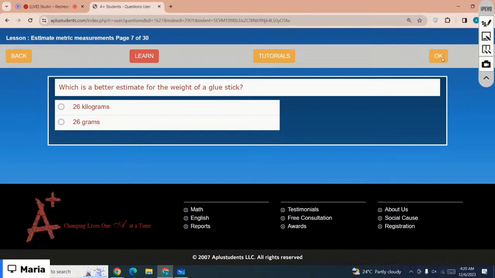That is just a glue stick, right? So that would be 26 grams because 26 kilograms is too much for a glue stick, right?